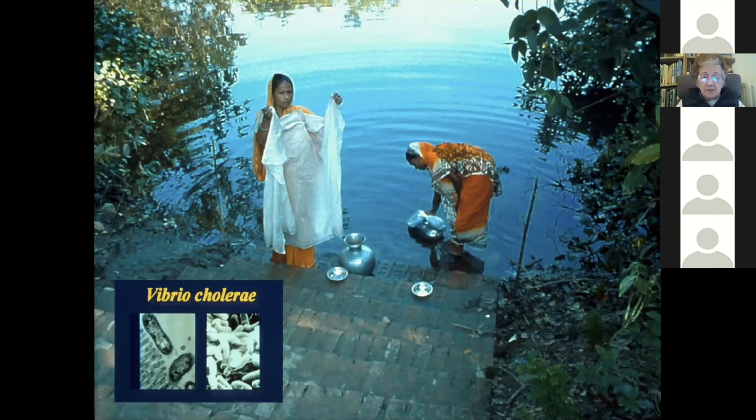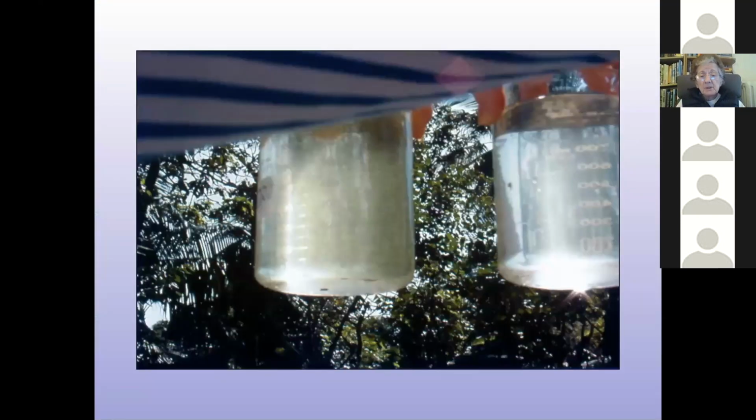And this process, next slide, allowed us to reduce certainly the turbidity of the water, and made it very clear to the women that the water on the right with no particulate matter is better for their children.